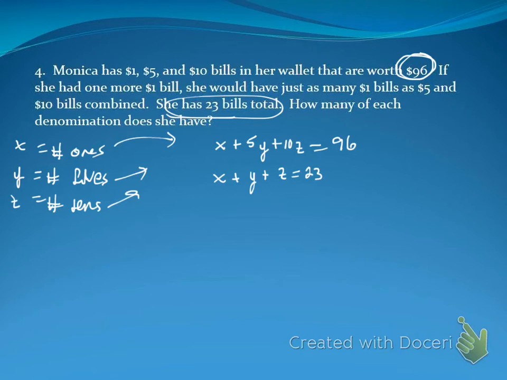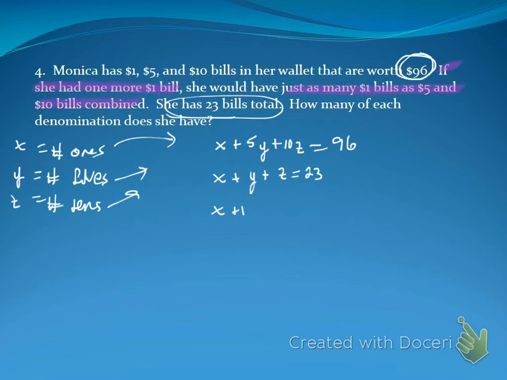Now your third equation comes from that middle sentence, and it says, if she had one more $1 bill, right? Well, one more $1 bill means that I would take the number that she has now, which is X, and add 1 to it. Then it says she would have just as many 1s as she does 5 and 10s combined, right?